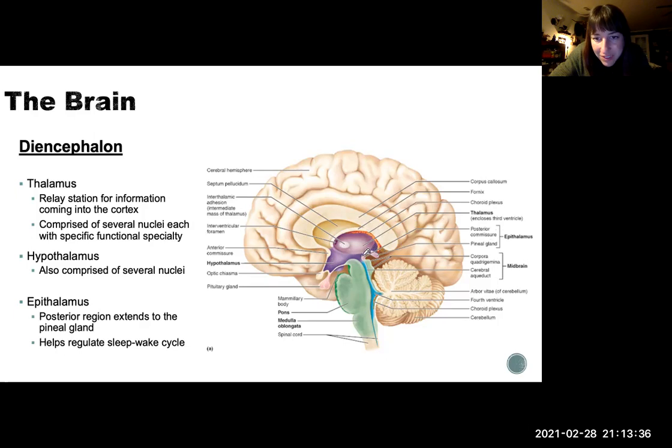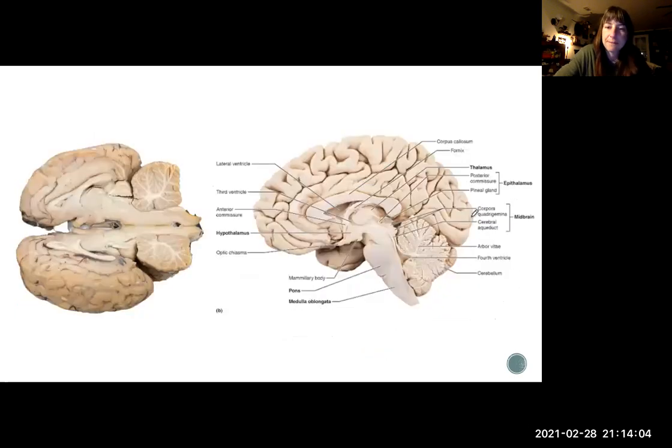It's down here. It's the pineal gland. Epi is in outside of, excuse me. So the thalamus, the hypothalamus below, and the epithalamus as in outside of, which includes the pineal gland over here. All right, so the epithalamus is in charge of helping to regulate the sleep and wake cycle, okay, along with the hypothalamus, which we're going to talk about here in a second.